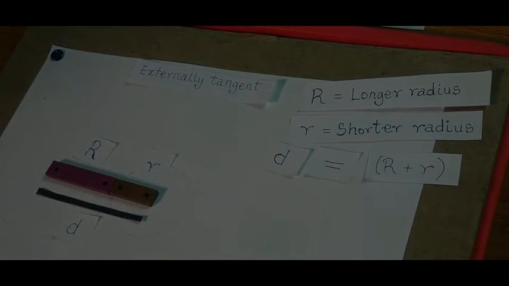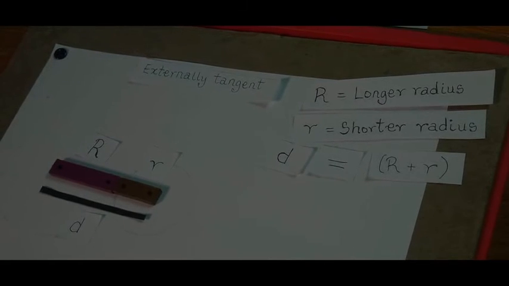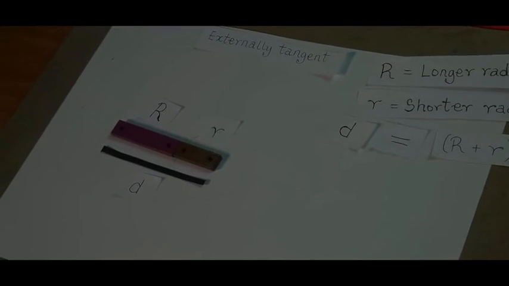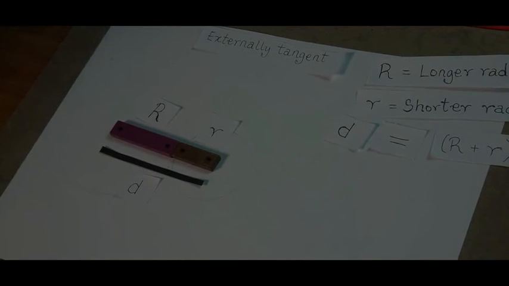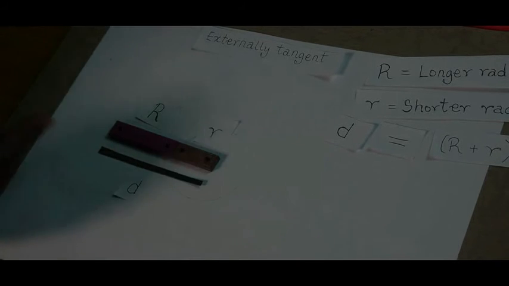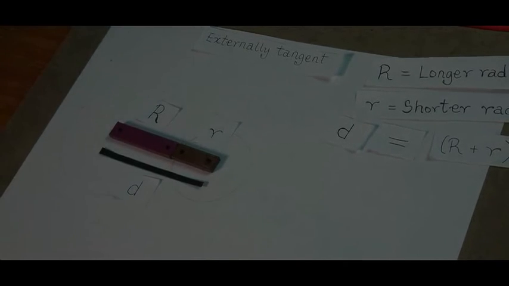So if I make the sum of the radii my first term of comparison, what can I say? How does the sum of the radii of the two circles compare to the distance between the centers of the two circles?